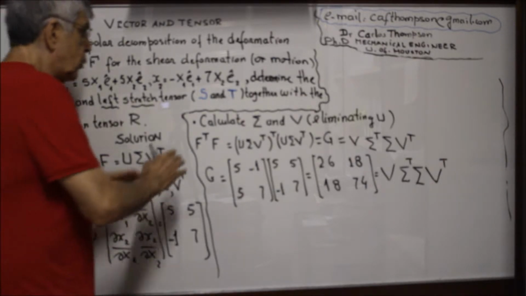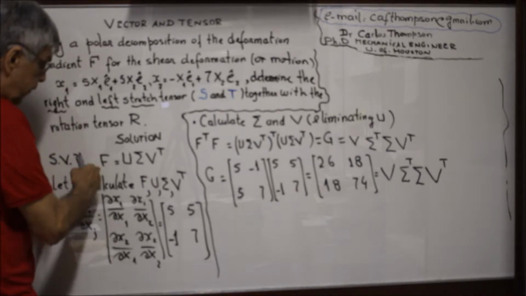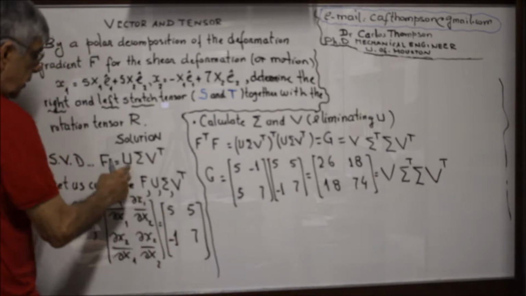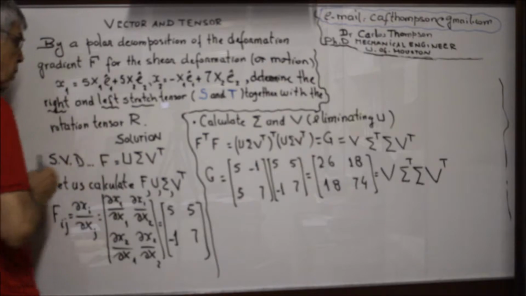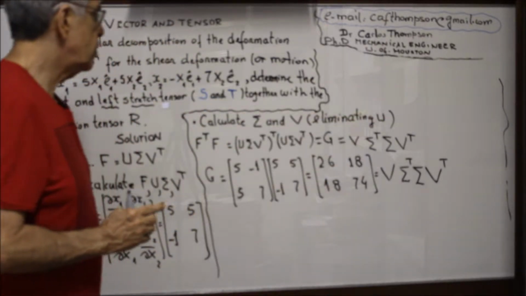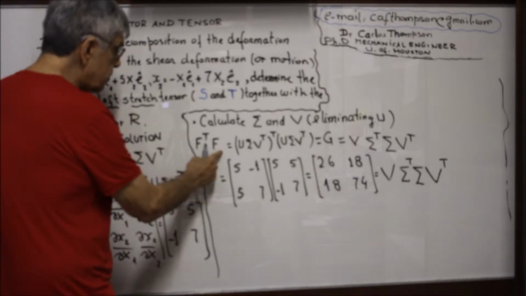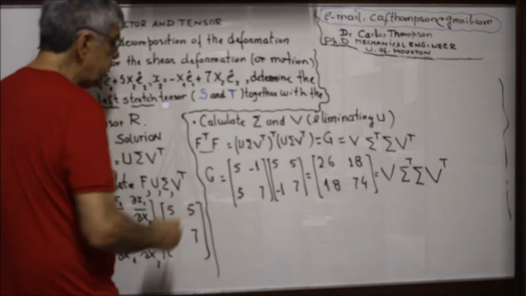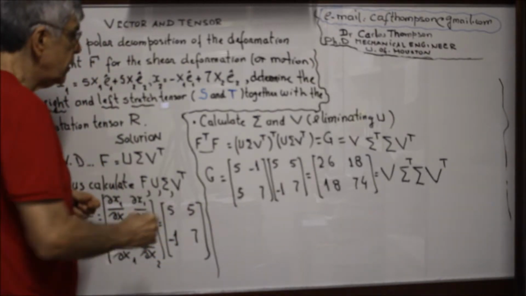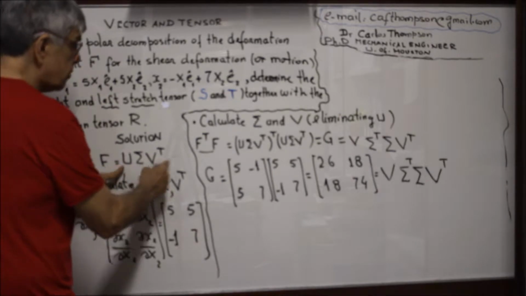Now, we want to find F, already done, U, sigma, and V transpose. Let's eliminate U by doing the product F transpose times F. This must be a symmetric matrix.